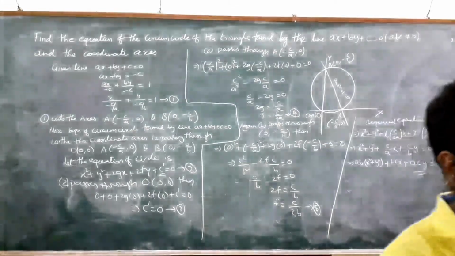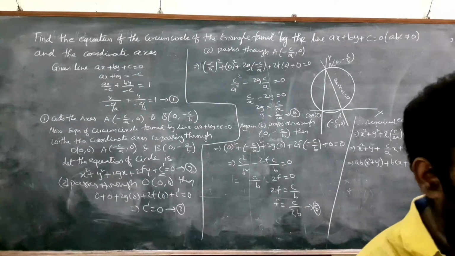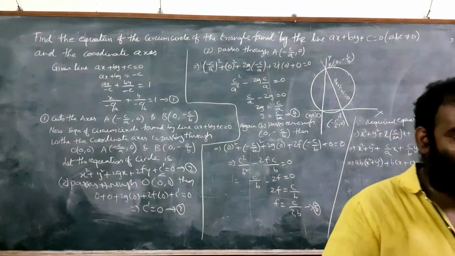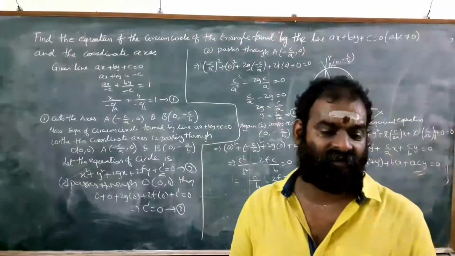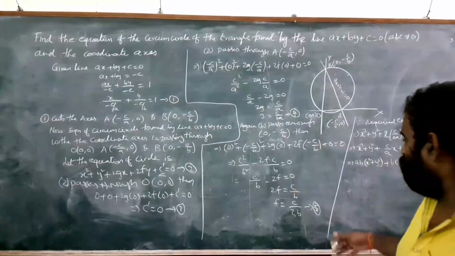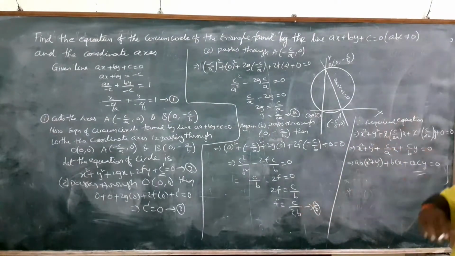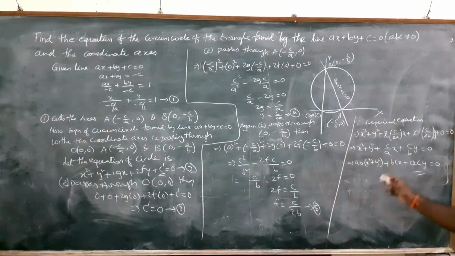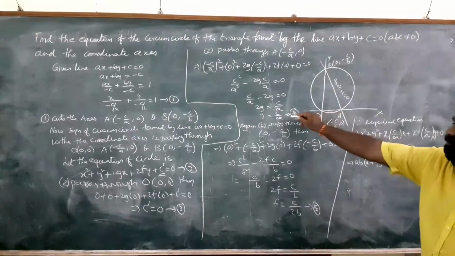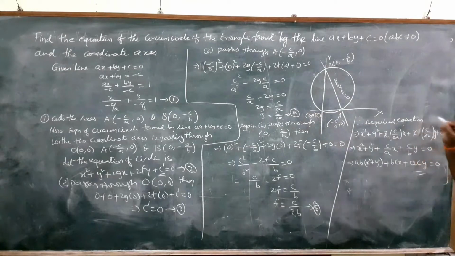Now we get the c' value, g value and f value. These three values will be substituted in our required equation, then the equation of the circumcircle is found. So we substitute these values in x² + y² + 2gx + 2fy + c' = 0. What is g? c/2a.